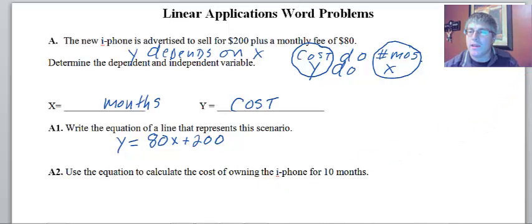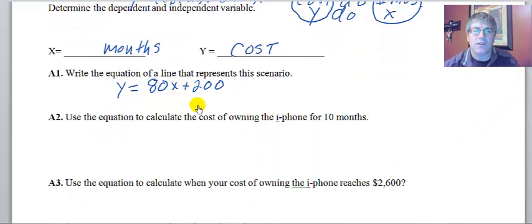Now I can use that equation to calculate the cost of owning the iPhone for 10 months. Well, 10 months, we know that's an X. So I actually have half of my ordered pair here, 10 something.